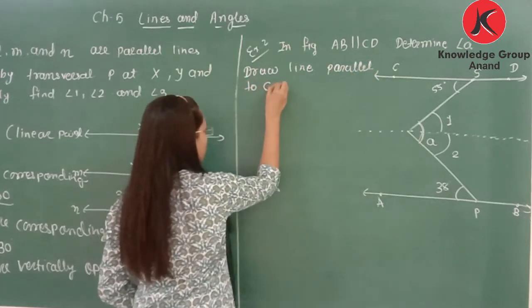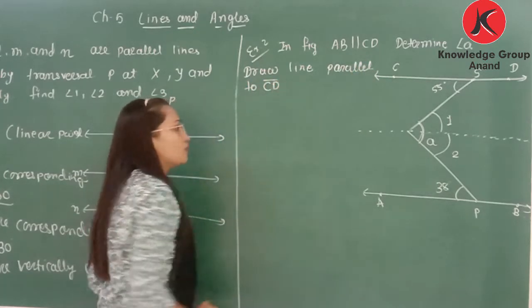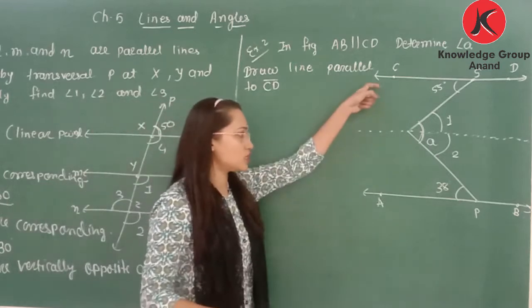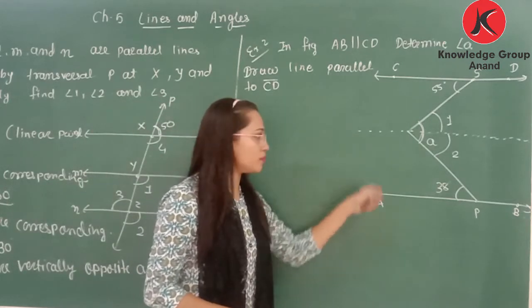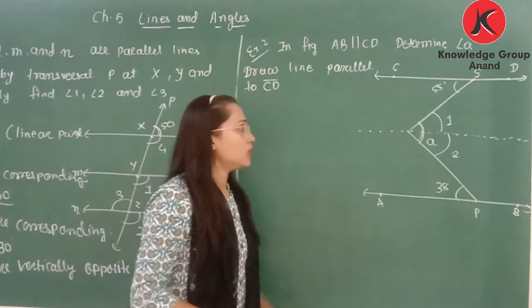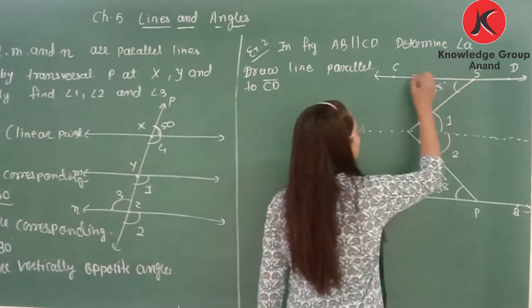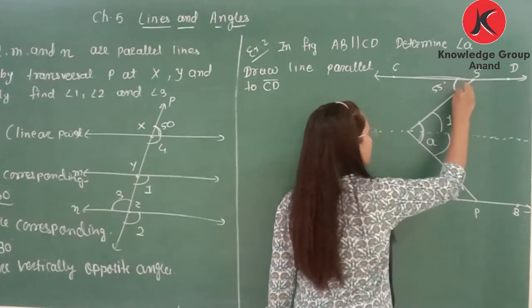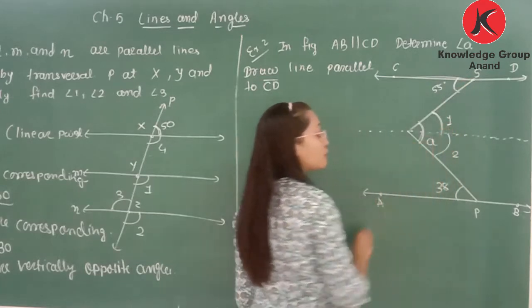If it is parallel to CD, then it is also parallel to AB because these two lines are parallel. Now, we can consider here this is 55 degrees. So angle 1 is also 55 degrees.